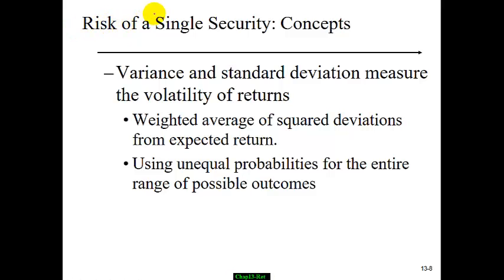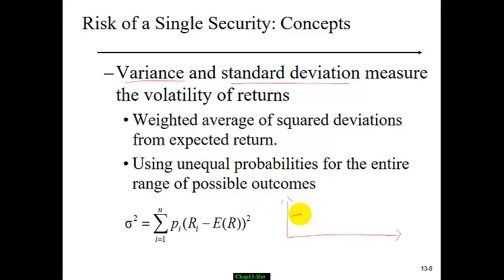An important concept for the performance of a security is risk: how much risk we are taking. There are two measures of risk: variance and standard deviation. Basically, we capture the volatility of the performance away from the expected return. For example, suppose the expected return is 10%, and the chance we may hit high or low.